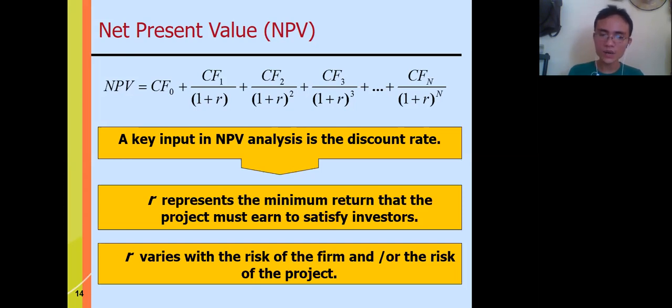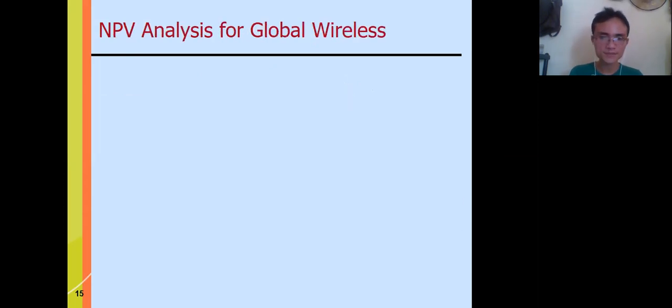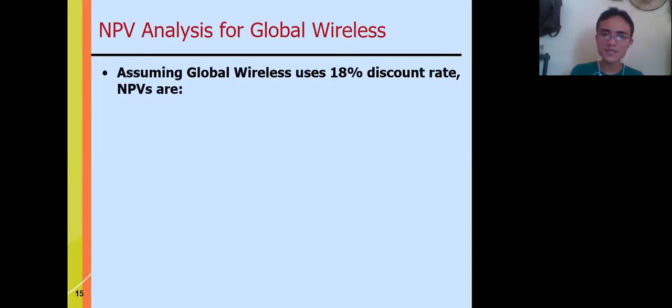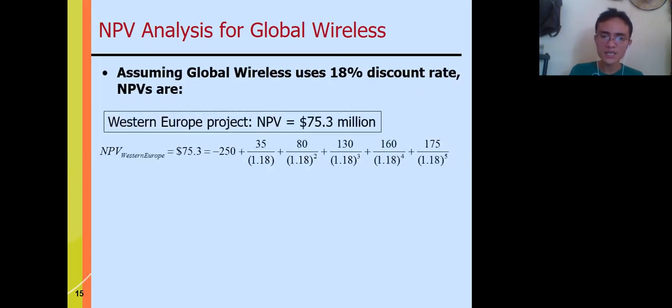Then R varies with the risk of the firm and/or the risk of the project. So R represents the risk in the project and also the return, because risk equals return, right? That's the concept. Then we have the NPV analysis.